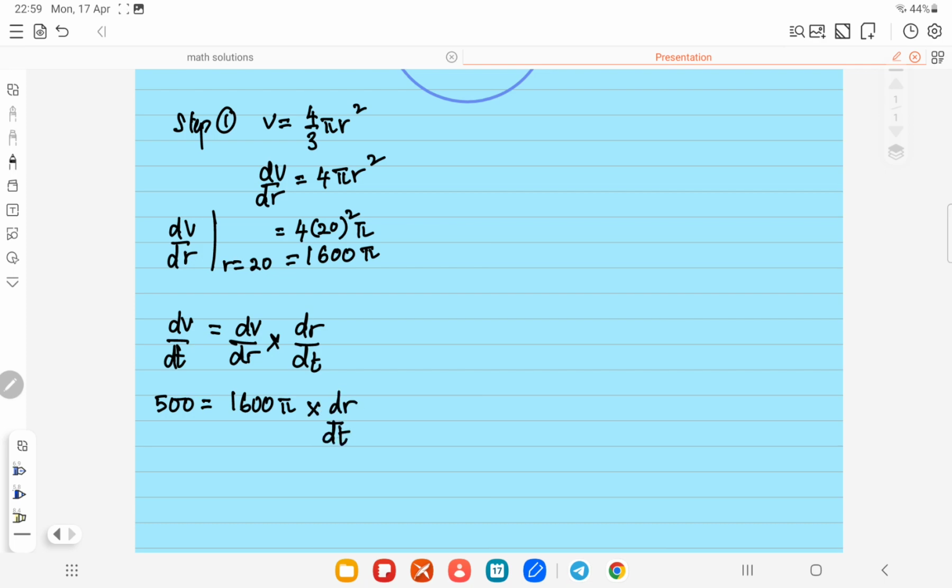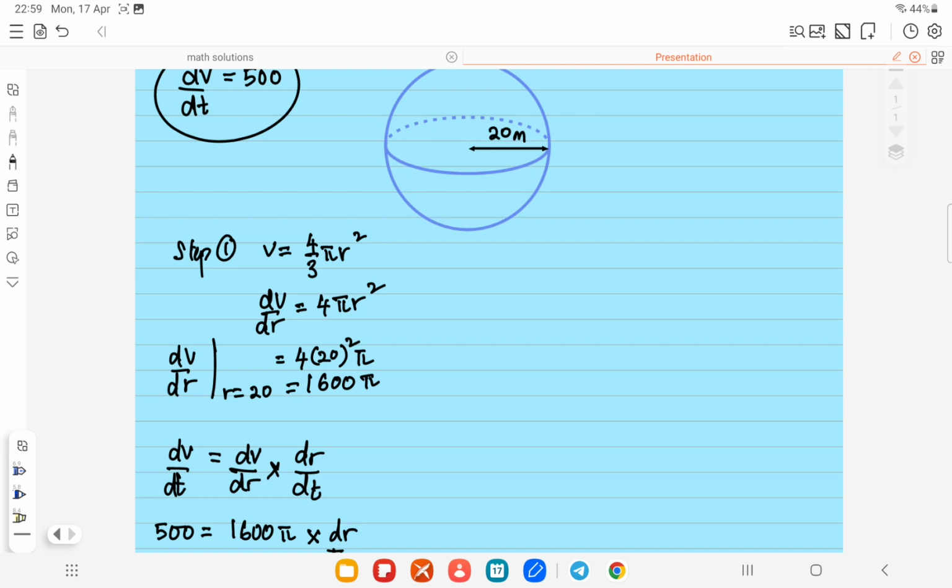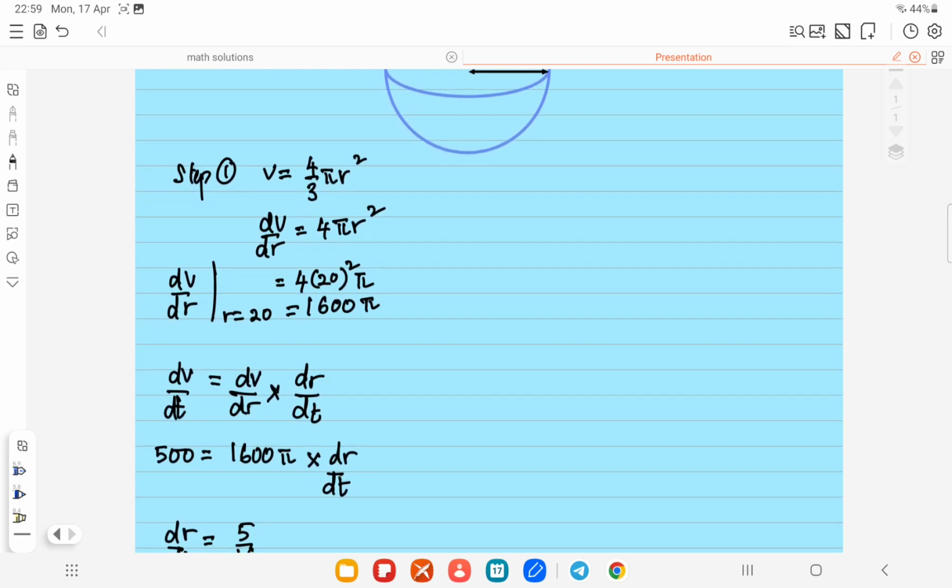The dr over dt we do not have yet, so we can calculate it. You get dr over dt equal to 5 over 16. That's the value of dr over dt, the change of the radius over time. Now we have done step 1.